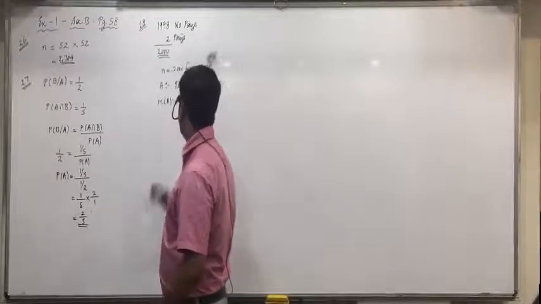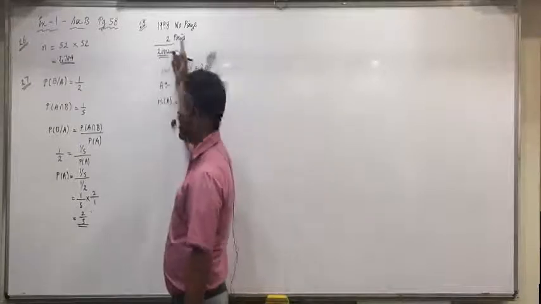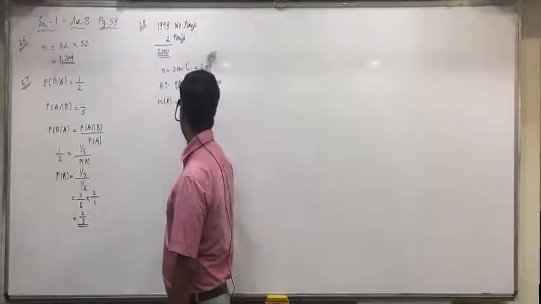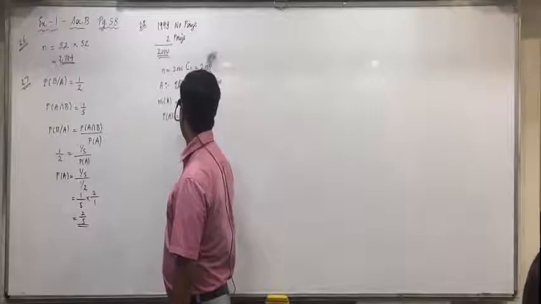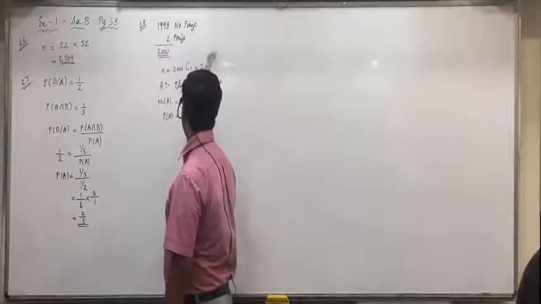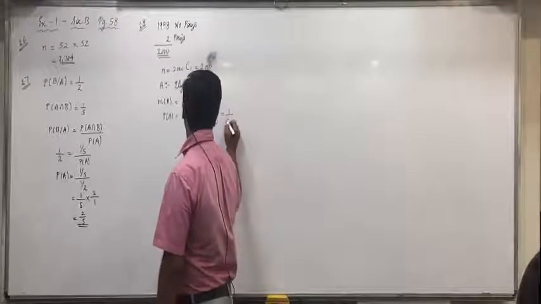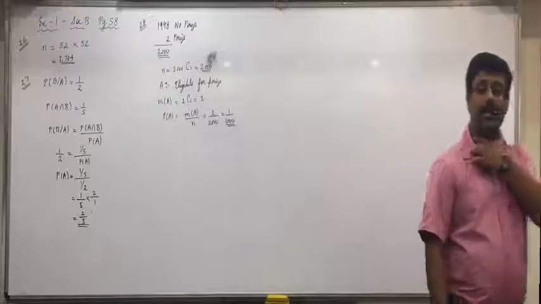Now how would you find m(A)? There are only 2 tickets with prize, 1 to be selected. So m(A) is 2C1, that is 2. And what is P(A) that you get the prize? m(A) upon n, 2 by 2000, 1 by 1000. Did everyone understand this?